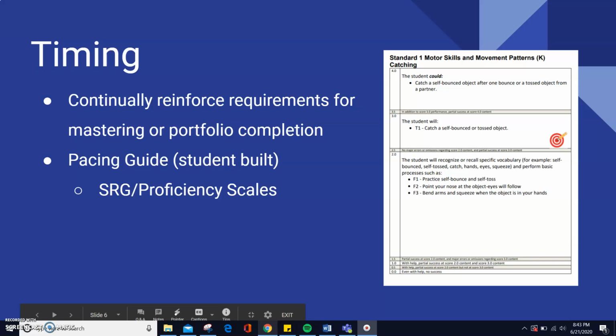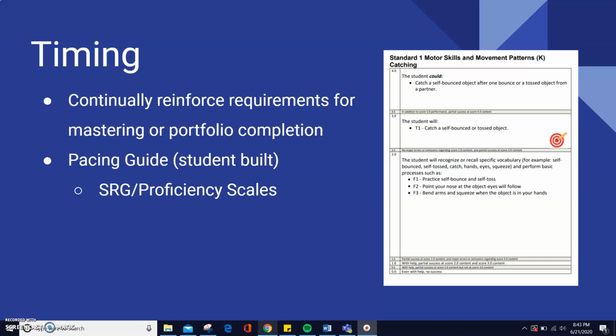Timing. To facilitate this need, I believe that continually reinforcing requirements for mastery or portfolio completion, as I said on the last slide, is a key practice that we can use to help students reach their goals.